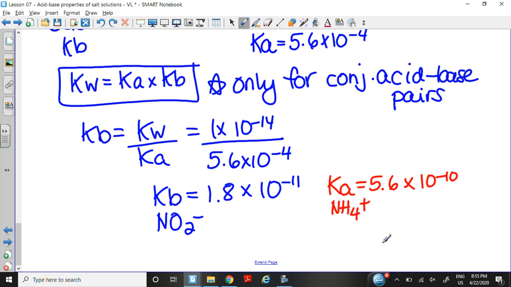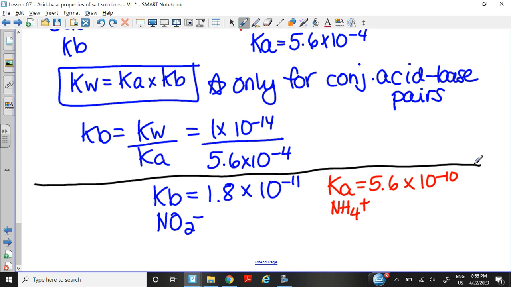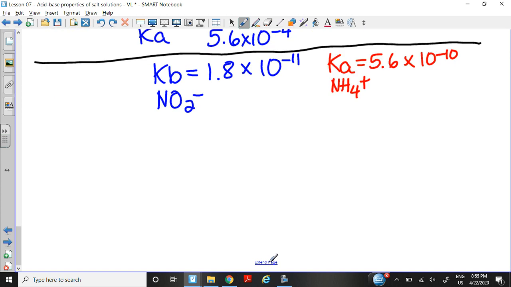So I've got them both written down here just for easy reference. After we've done all of this work, essentially these are the two numbers that we need to compare. So is this salt acidic or basic? That's still what we're trying to find out after all of this work. Ammonium nitrite, acidic or basic?